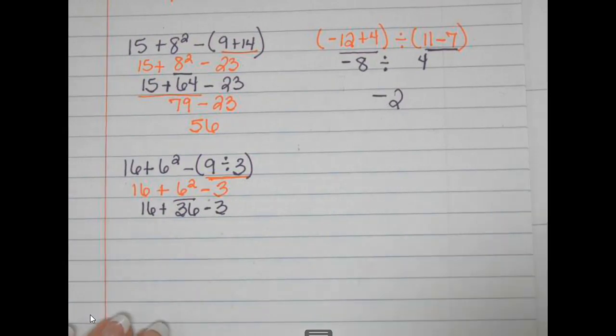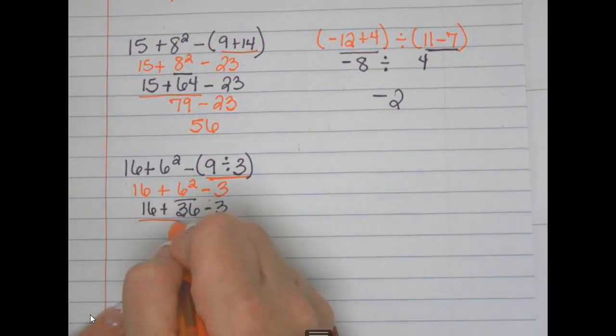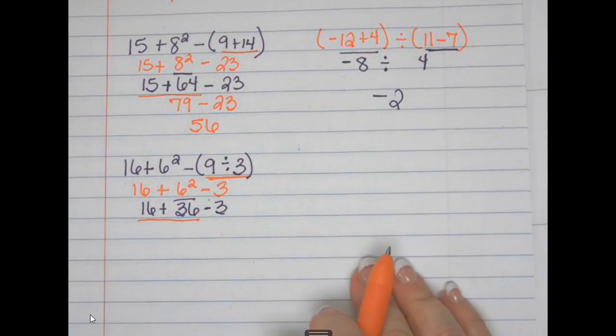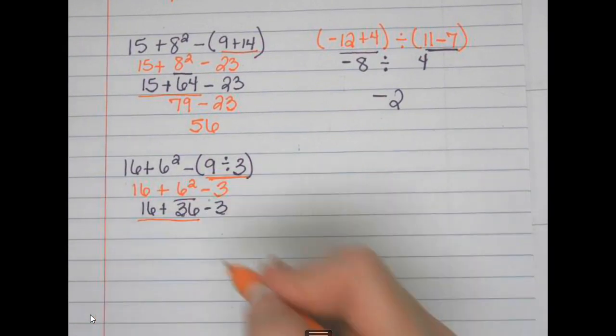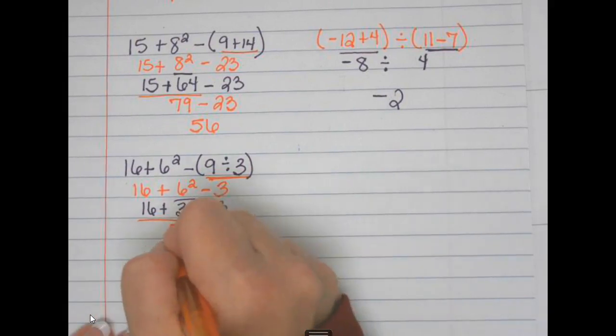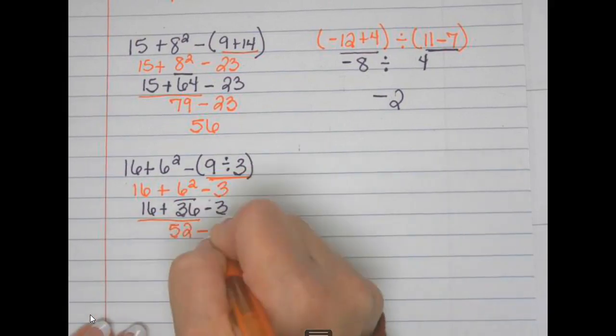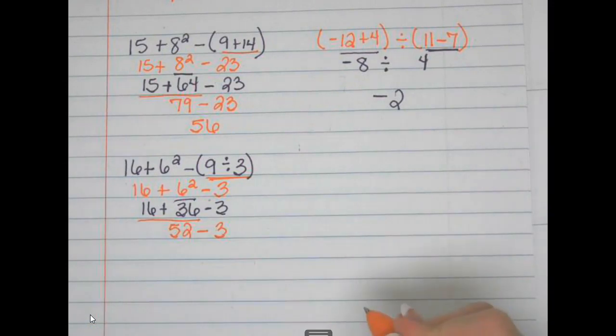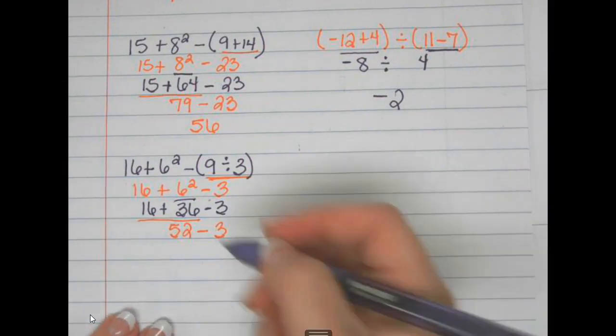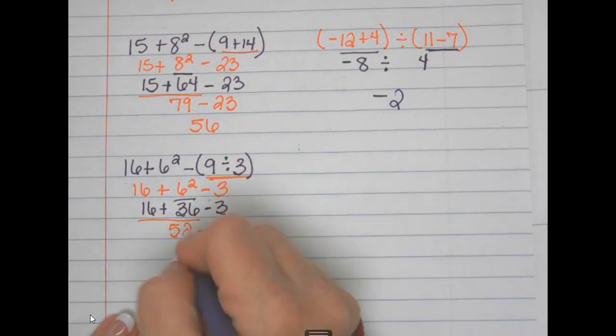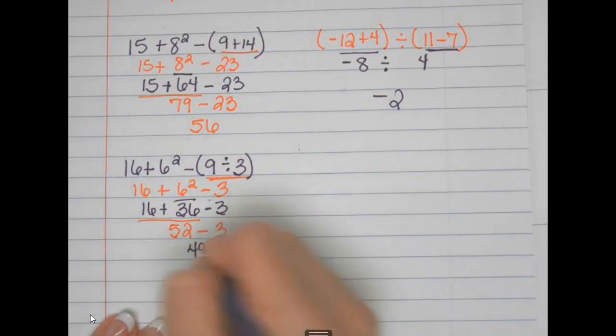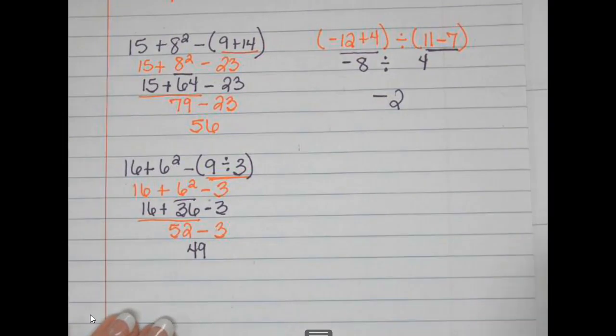Now I have add and subtract, whichever comes first. 16 plus 36 gives me 52. The minus 3 comes down. 52 minus 3 is 49.